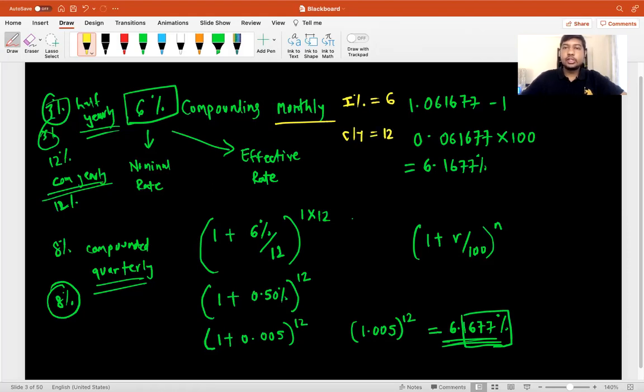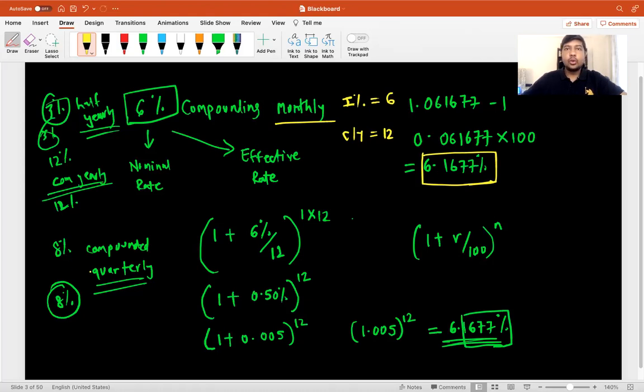The moment you put 6 over here, which is the nominal annual rate, and you put 12 in the compounding per year frequency, the calculator will calculate the effective return, which is the number that we calculated manually. The only thing you need to do is give the right input to the calculator. The calculator at the back end will calculate the effective rate.